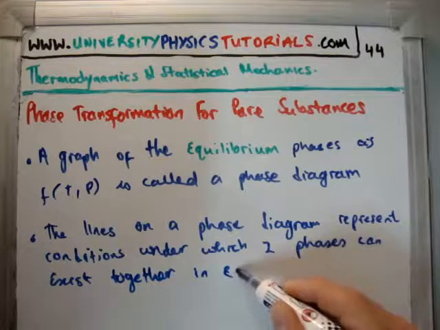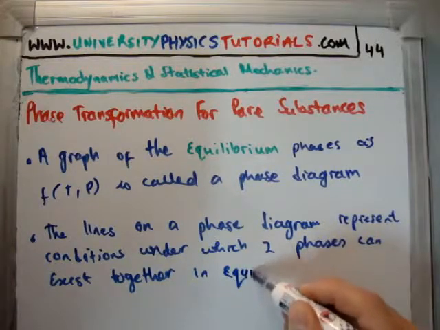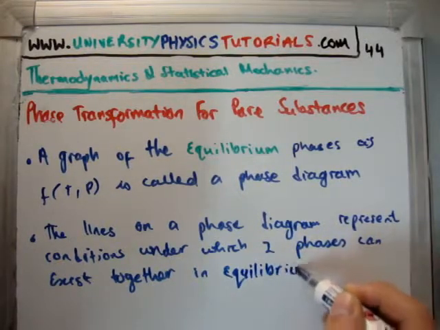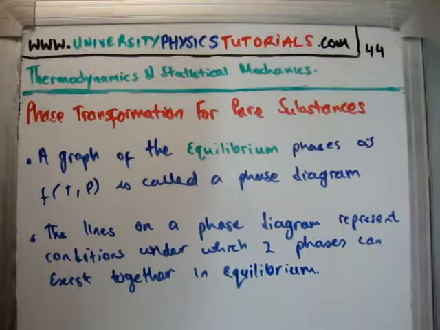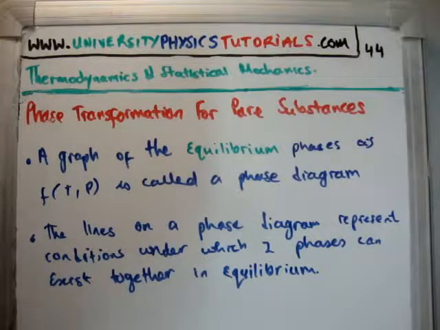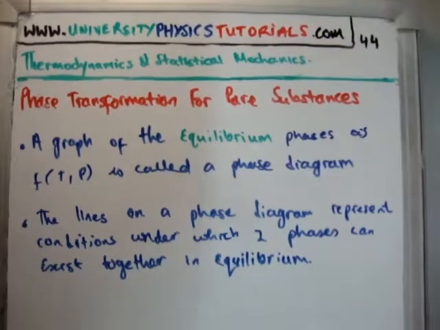Now this is an important phrase. The reason it's important is that it means, for example, that you can have solids and liquids together, and liquids and gases together. I suppose I can't really have solids and gases together, but it means that you can have both phases present at the same time, which is a bit of a strange one.